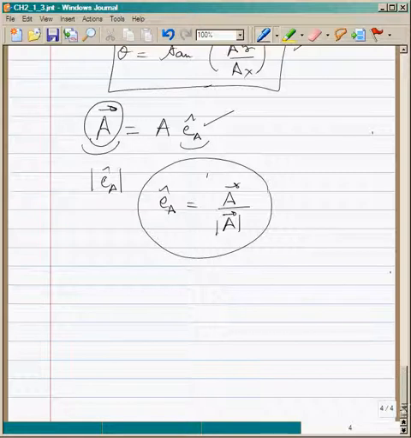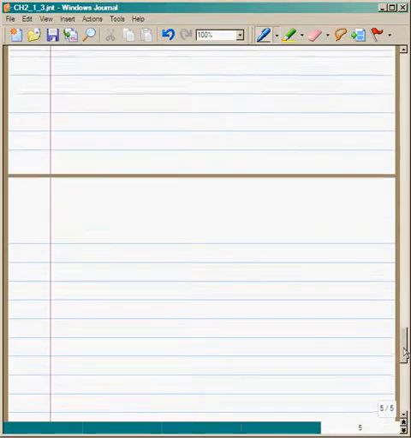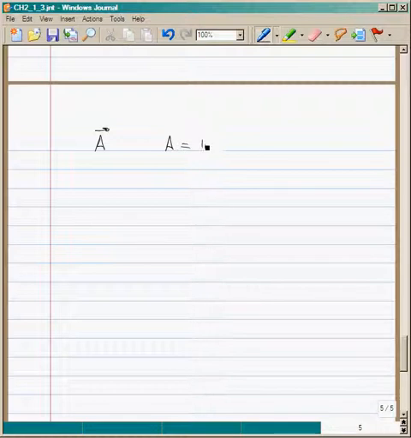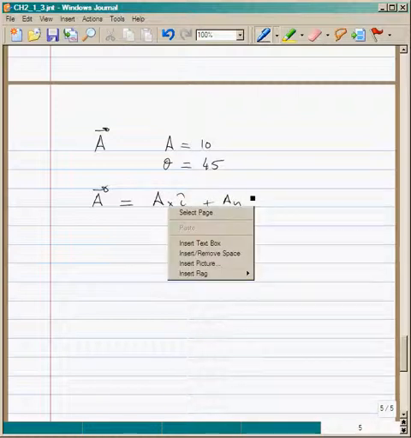So let's do an example. Let's imagine you have a vector A given as magnitude of A is 10 and theta is 45, and you would like to express A in component notation, which is AX i plus AY j.